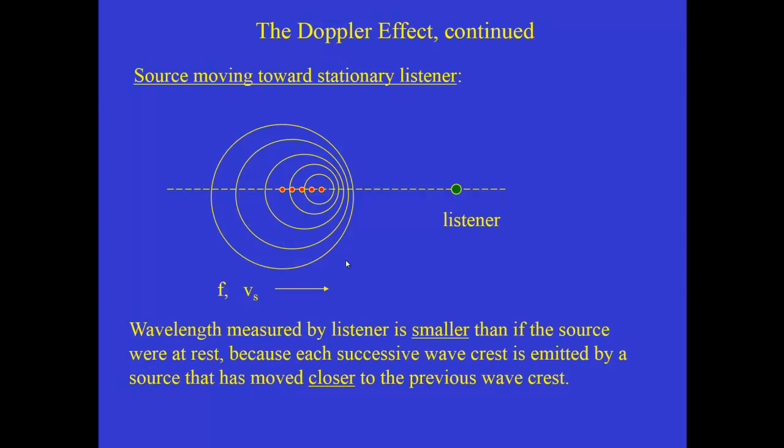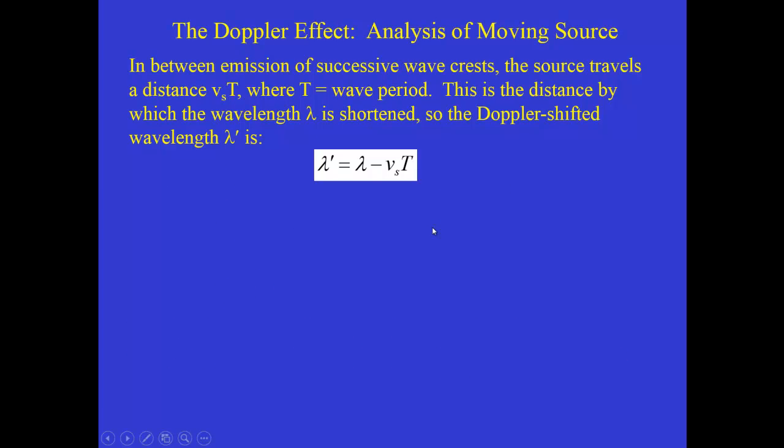And so what happens then is the listener who's doing the measuring measures a shorter wavelength. And so we can describe how much that wavelength gets shorter by thinking about what is this extra distance that's traveled by the source from one moment to the next in between the different wave pulses being emitted. And that's a pretty straightforward thing to do.